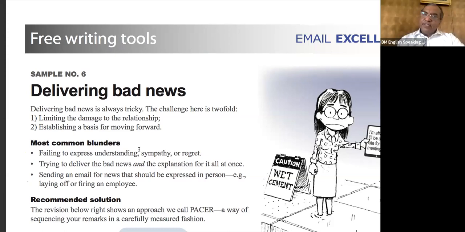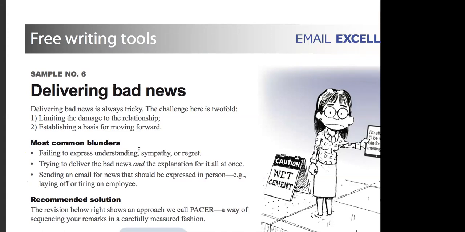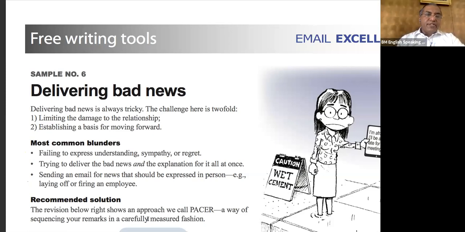Maybe the boss is in a good personal relationship with the person, but his official relationship is not that great. So this would be limiting the damage to the relationship if the drafting is done quite well. Hope I'm right.